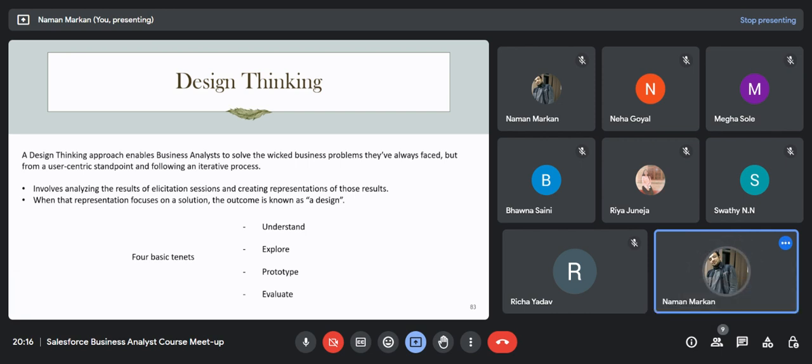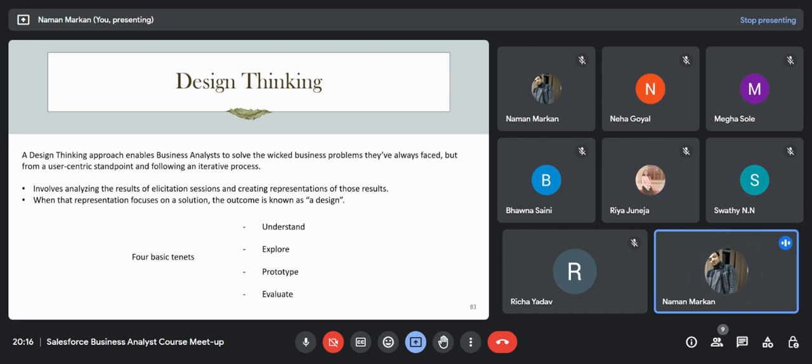Once you explore all the areas, you have to make a prototype, or a replica, of what is needed. Once you have understood and explored all the areas related to the requirement, you have to make sure you can produce a replica of exactly what we needed.